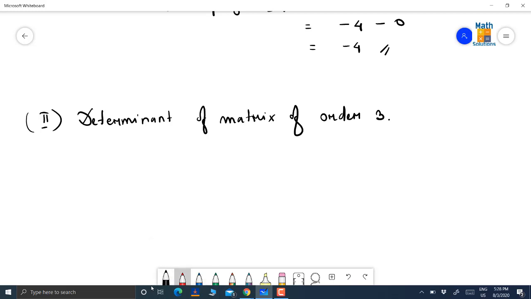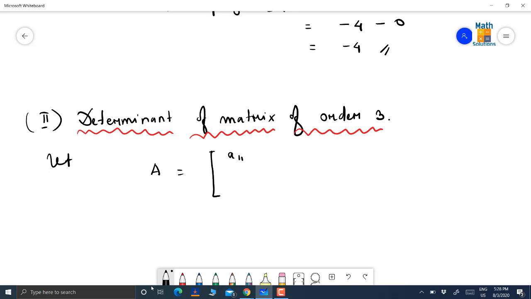I am going to consider again an order 3 matrix in this way. Let the order 3 matrix be capital A is equal to A11, A12, A13, A21, and so on, A23, then A31, A32, A33.